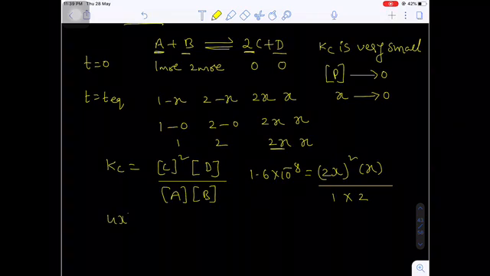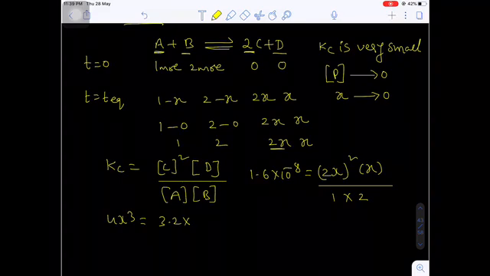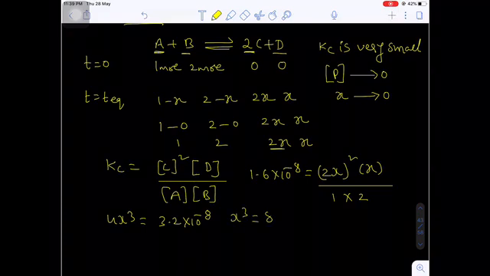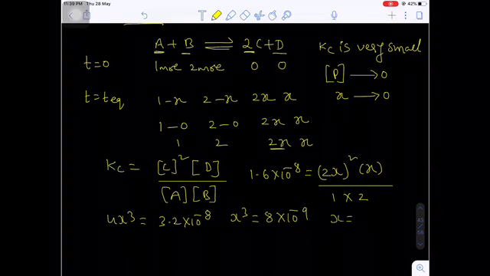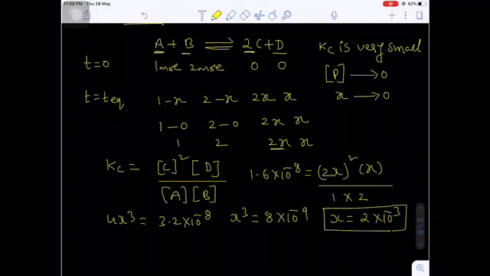Here 4x cube is equal to 3.2 into 10 raised to minus 8. From here x cube is equal to 8 into 10 raised to minus 9, and from here x is equal to 2 into 10 raised to minus 3. This is the concentration at equilibrium, the x value.